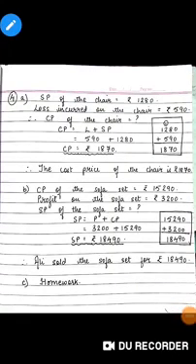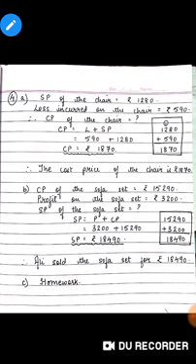Now let us come on exercise 2C. Here the first question is question number 4: Rashid incurred a loss of rupees 590 on a chair he sold at rupees 1280. What was the cost price of the chair?